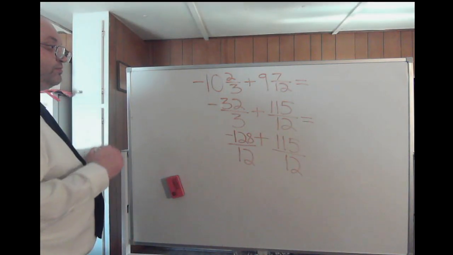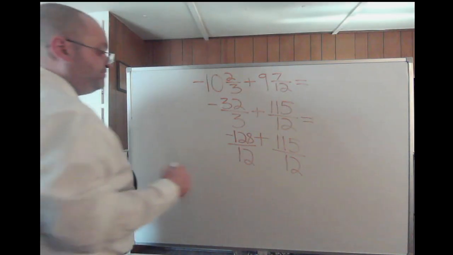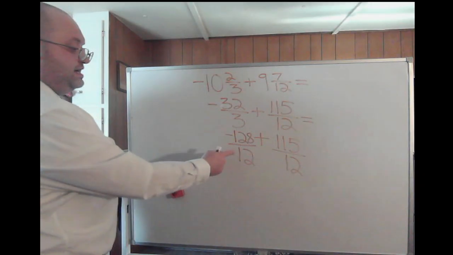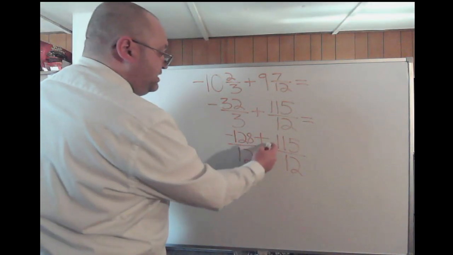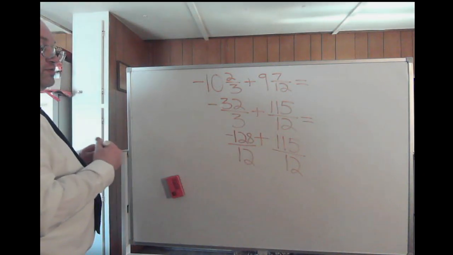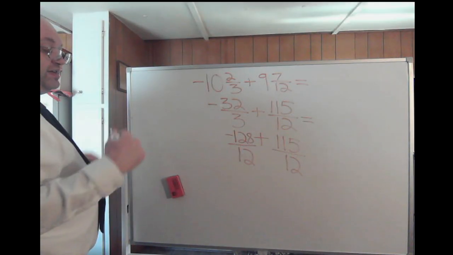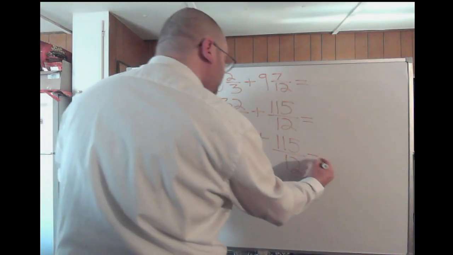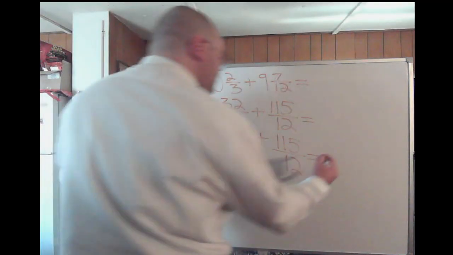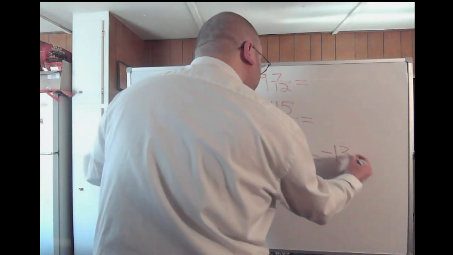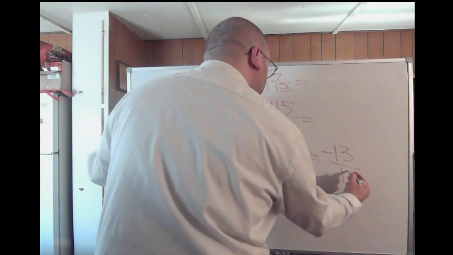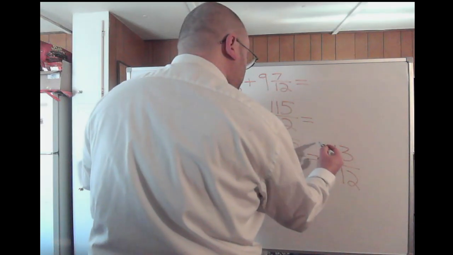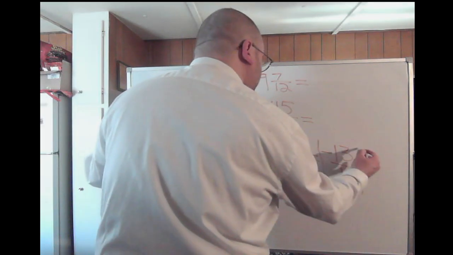So what you're left with is negative 128 over 12 plus 115 over 12. Well, now they have the same denominator, we can add these. Negative 128 plus 115, that's going to be negative 13 over 12. So yes, that is one possible answer you could have there.